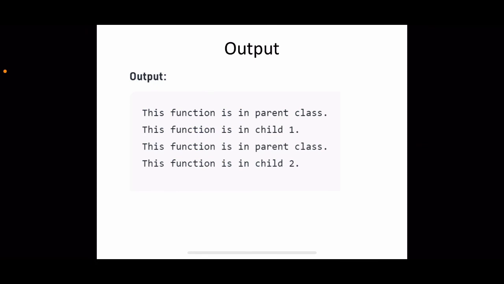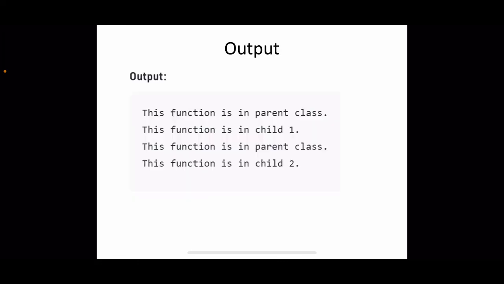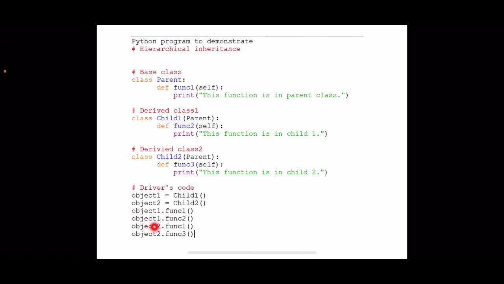Now you can see the output. This function is in parent class, that is the first statement executed because of object 1 dot function 1. Object 1 is an object of child 1, and we are invoking the function defined in parent class, so this will be displayed. The second was object 1 dot function 2. Object 1 is this, function 2 is this. This function is in child 1, so that is the second statement. Then object 2 dot function 1.